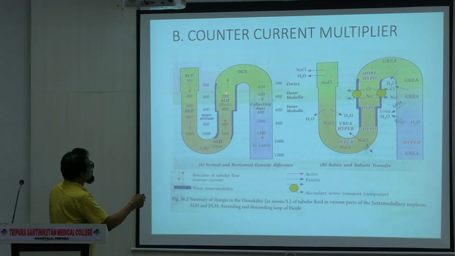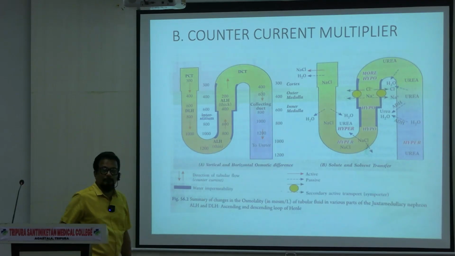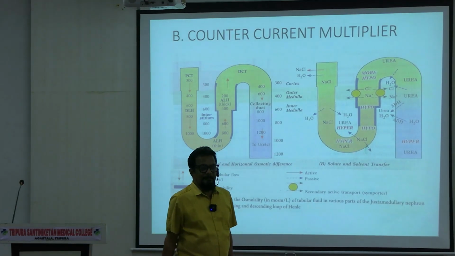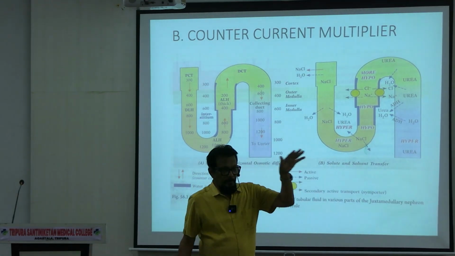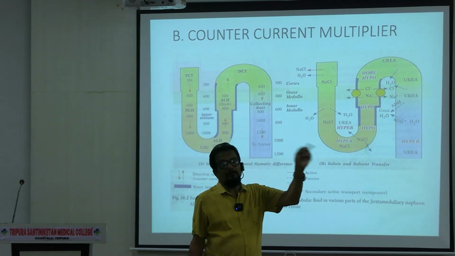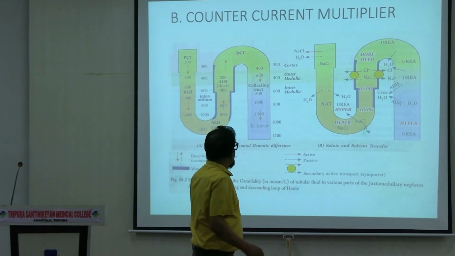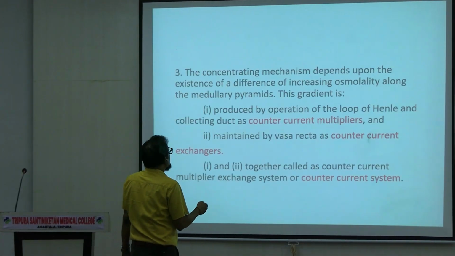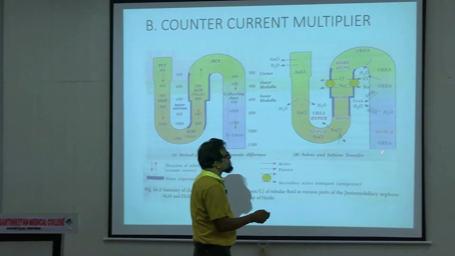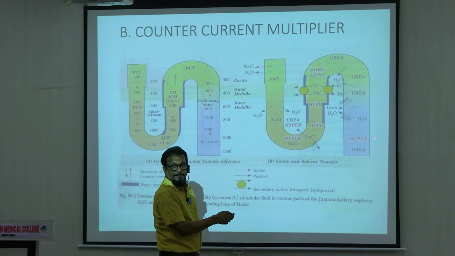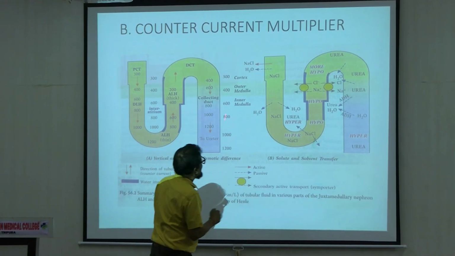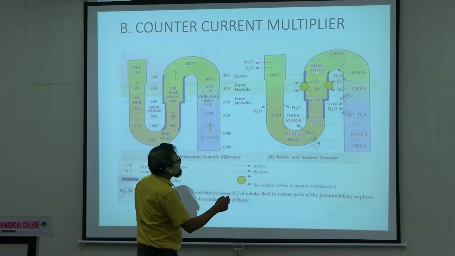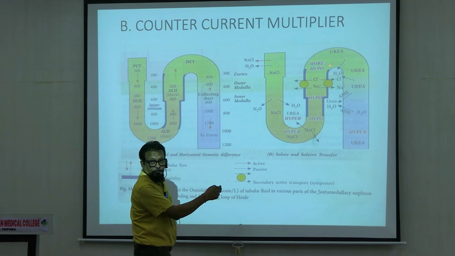So this hyposmolar filtrate will be passing through the distal convoluted tubule. This is the collecting duct. This is the distal convoluted tubule.